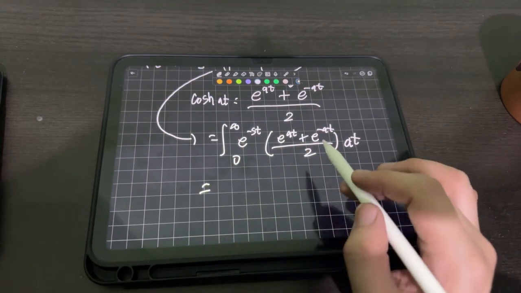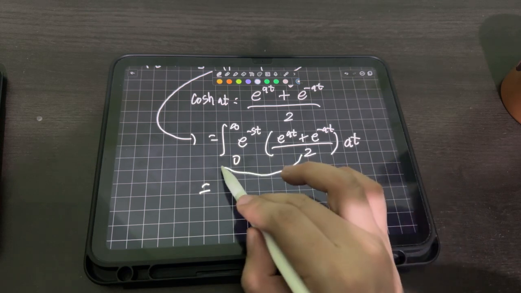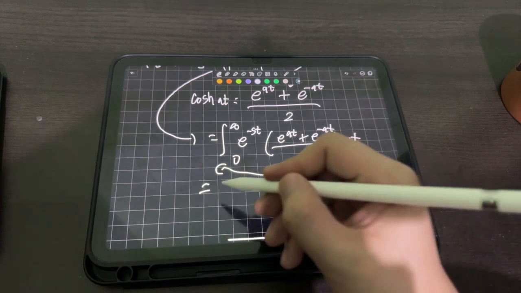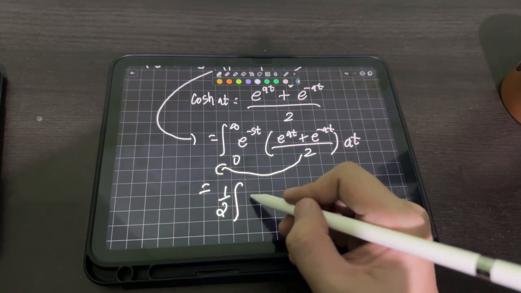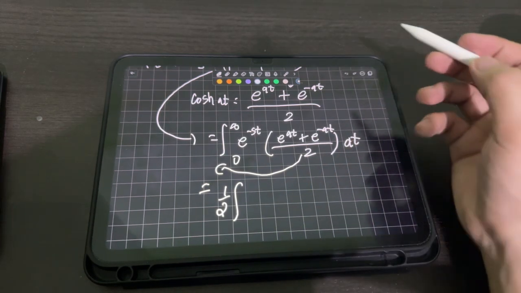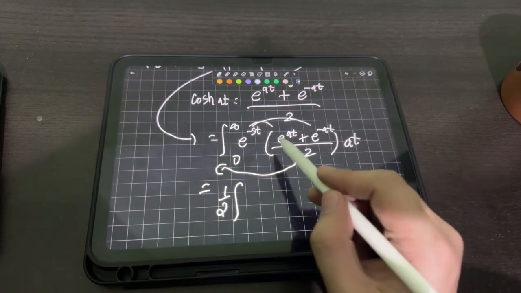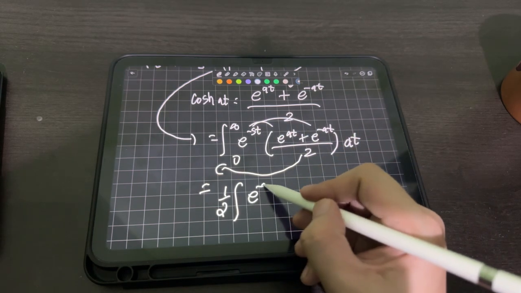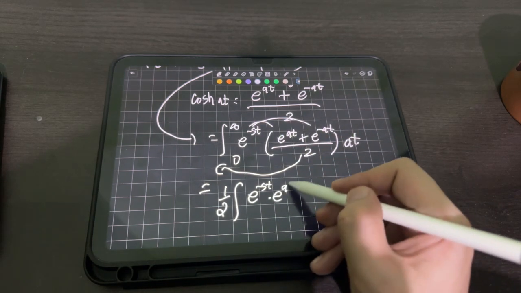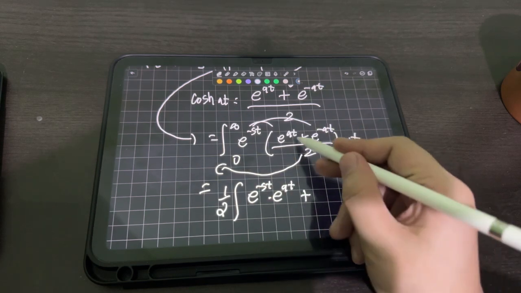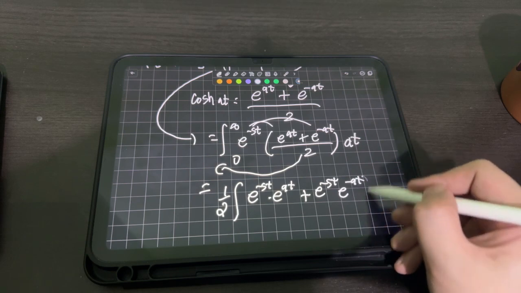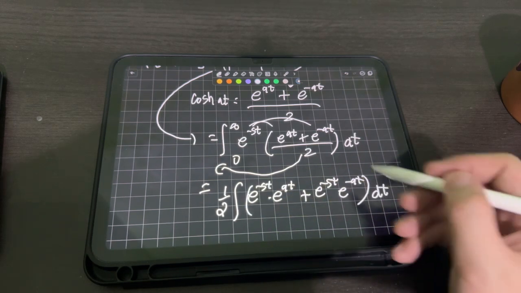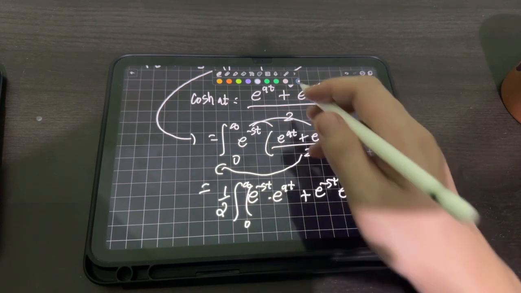Again, this constant of 1/2 is just a constant. You can just put it in front of the integral first. So we will have 1/2 times the integral of, so we will distribute also this e to the negative st to every term. So e to the negative st times e to the at, then plus e to the negative st times e to the negative at, quantity, dt from 0 to infinity.